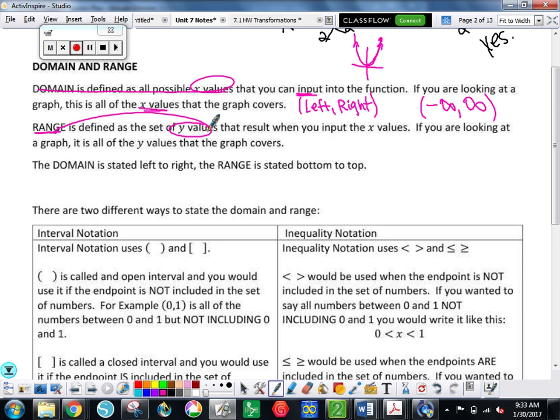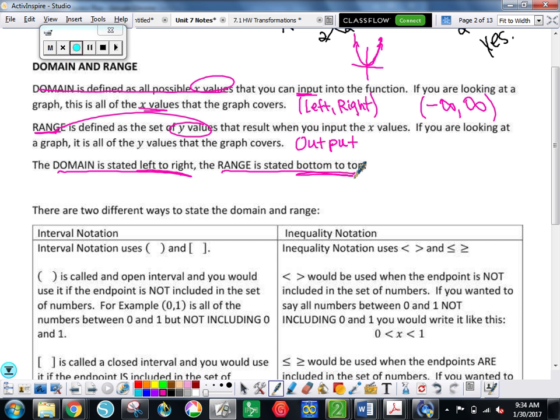So you're going to put in an x value and then you'll get a y value out. This is your output. It's why we only multiply the x by 2 or the x by 3, because of what we're getting out. The domain is stated from left to right. The range is stated from bottom to top.